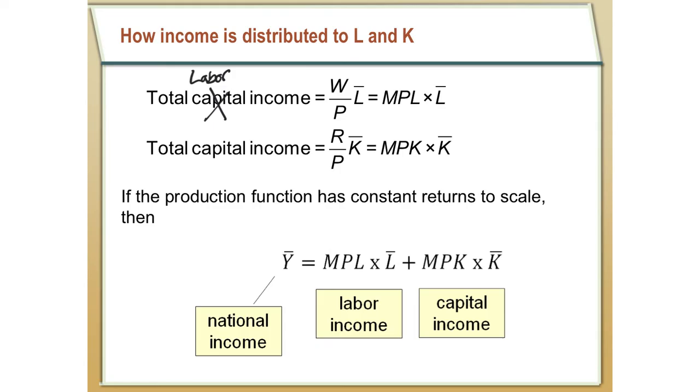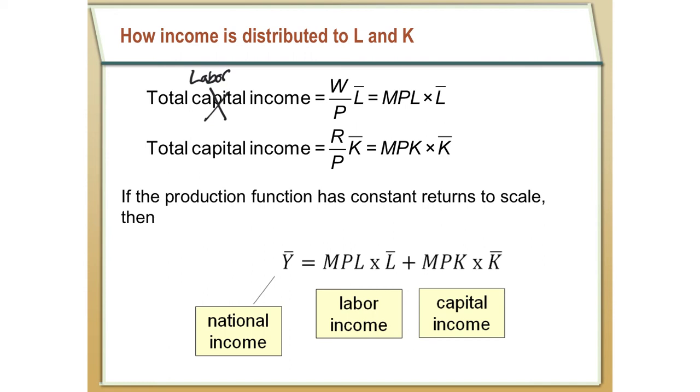That doesn't mean that there isn't profit showing up. In an accounting sense, since firms oftentimes own capital and own the land that the factories are on, there are payments going to the owners of the firm that are comprised of this returns to capital.